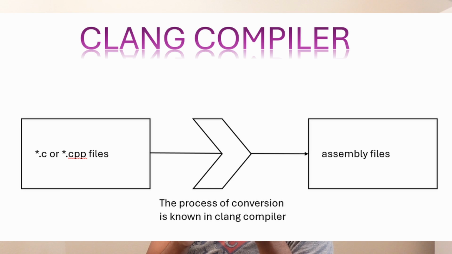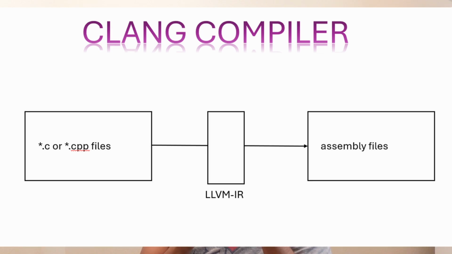The intermediate step between the conversion of a .cpp or .c file into an assembly file is actually defined in the compilation process, and that particular intermediate step is called LLVM IR. LLVM IR stands for LLVM intermediate representation. With that LLVM IR, you can transform or modify anything in any custom way you want.